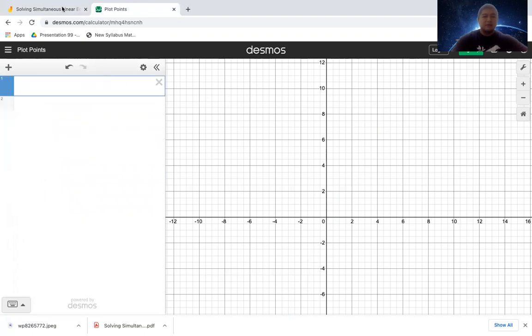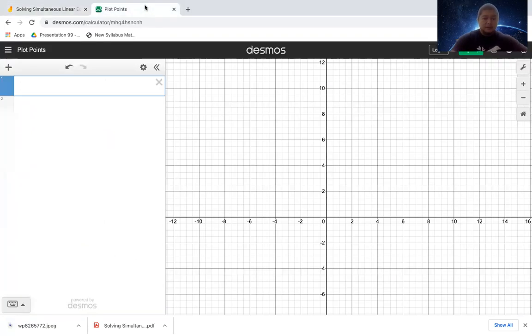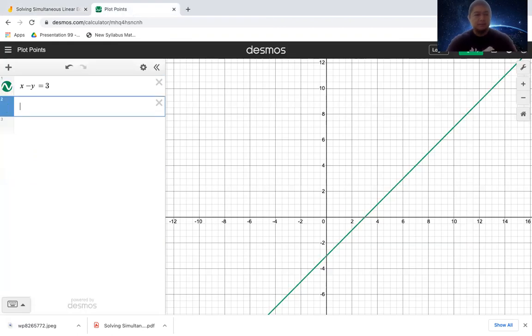So the first equation that we have is x minus y is equivalent to 3. The next one is x minus 2y is equivalent to -1.